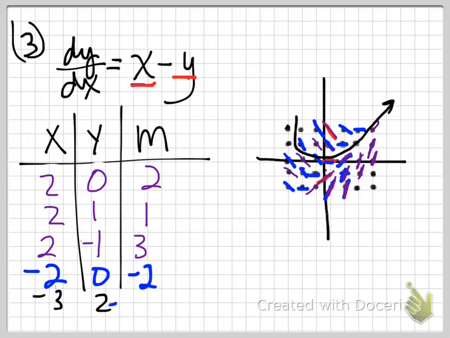So that's negative 5. So these up here are getting more and more steep. And these ones over here are going to get more and more steep going this way. And then you have kind of a vertical, almost asymptote that goes through the middle there. Okay, so the purpose behind the slope field is just to get an idea of what the picture looks like. And I have a worksheet for you to work these problems on to make it a little bit easier.